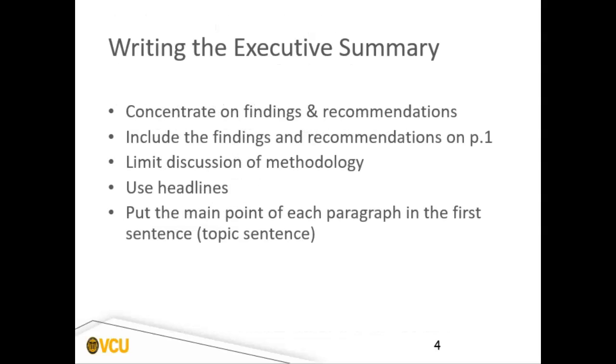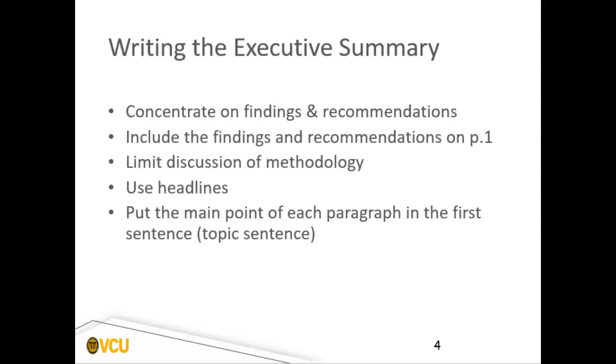The executive summary is often the only part of the evaluation report that will get read, so it's very important to make it crisp and compelling. The executive summary should focus on the findings of the evaluation and on the recommendations for program improvement or for continued funding of the program.